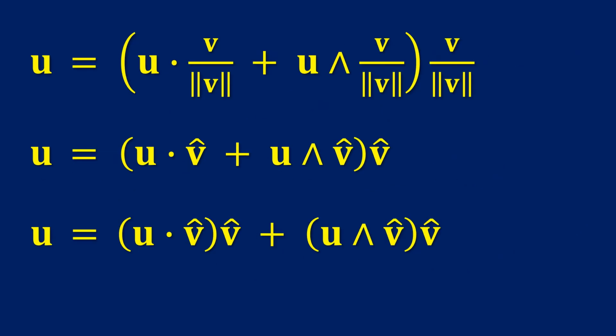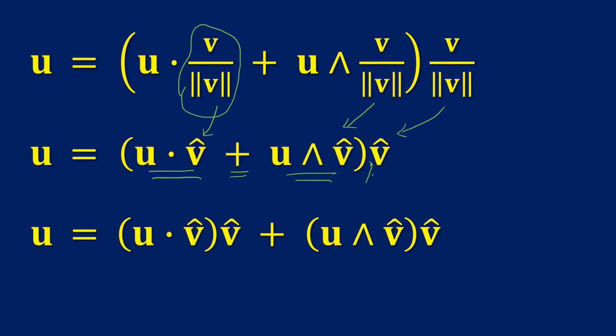And what do we get? Well, a vector divided by its own magnitude is nothing less than its unit vector, and we have 3 of those here. So we still have the sum of a scalar and a bivector, but now we're going to multiply here, and this multiplication does distribute over the sum.